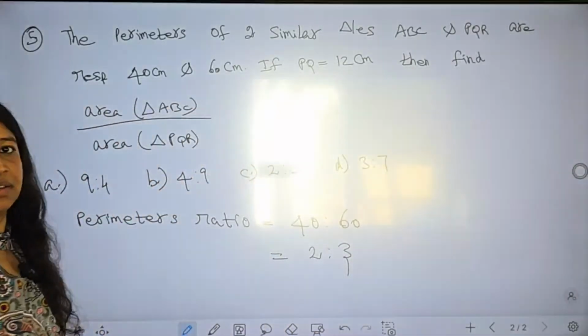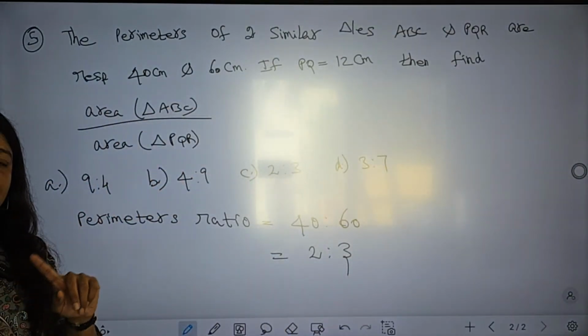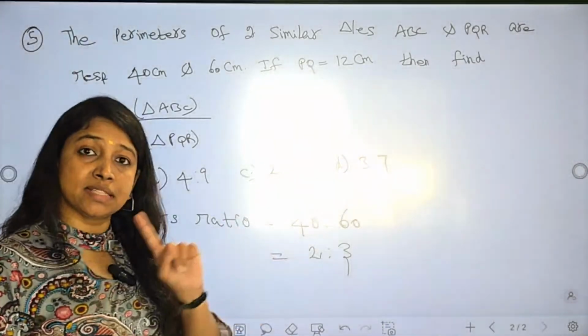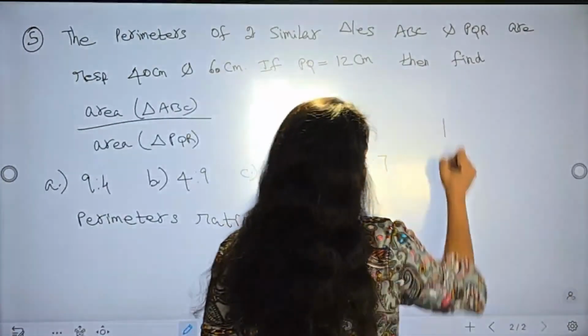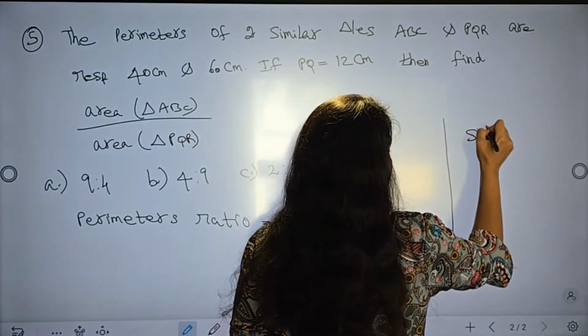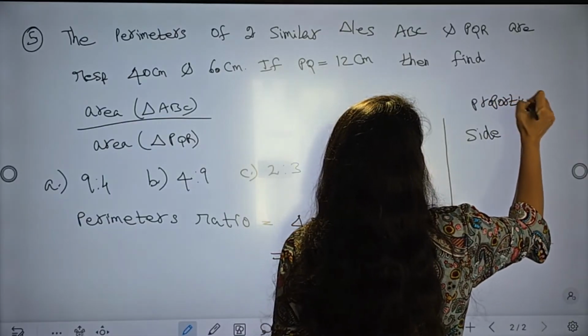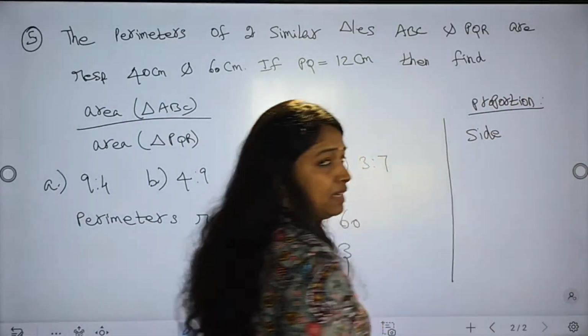So 2 is to 3 is the, and we know that if two triangles are similar, then not only its sides are in proportion, it is a very important point. What are the other things which are in proportion in the similar triangles?